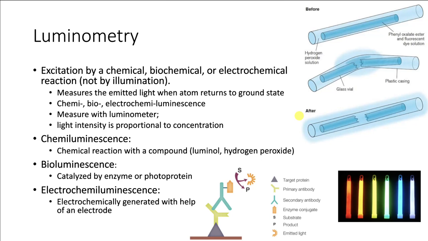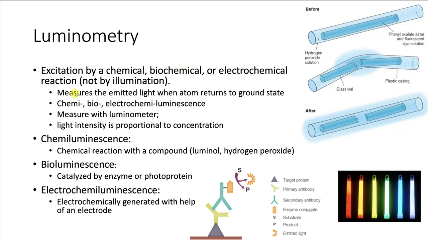Luminometry is those glow sticks that you see. Again, it's different than UV fluorescence. The biggest difference is that the glowing is generated by some sort of chemical, biochemical, or electrochemical reaction. At the basis, it's some sort of chemical reaction. So we're not injecting something with light to excite it into a higher state where the reaction causes some sort of illumination.